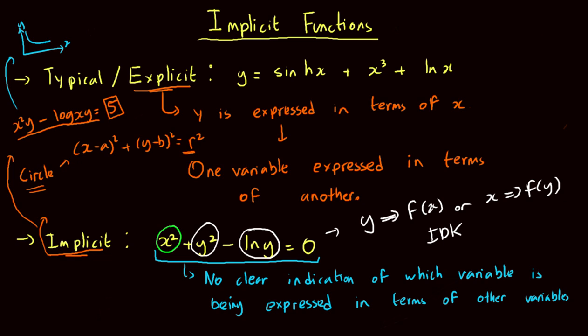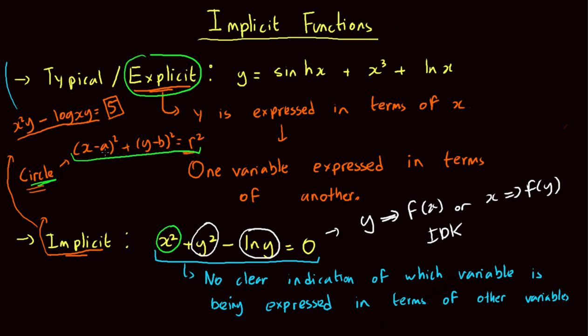But anyways, there are many graphs and many phenomena that you don't describe in a typical explicit manner. For example, like I said, the circle graph is one famous example you've learned in school or in college.